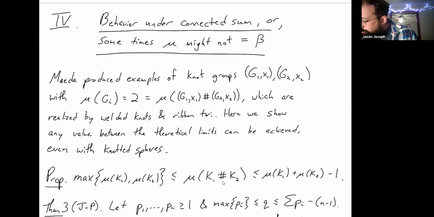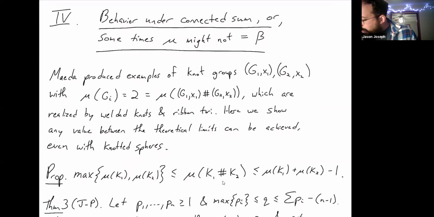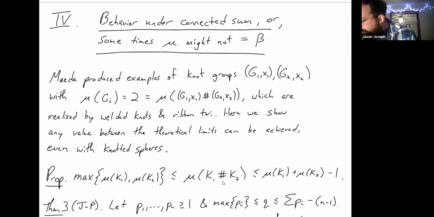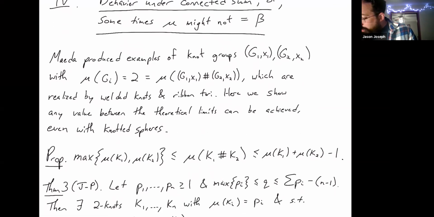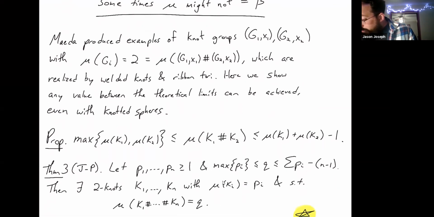So the theorem says for any p's and a q, which is at least the maximum of the p's and at most the sum minus n minus 1, you can find n knots, so knotted spheres with meridional rank of Ki equal to Pi, and such that the meridional rank of the connected sum is equal to Q.